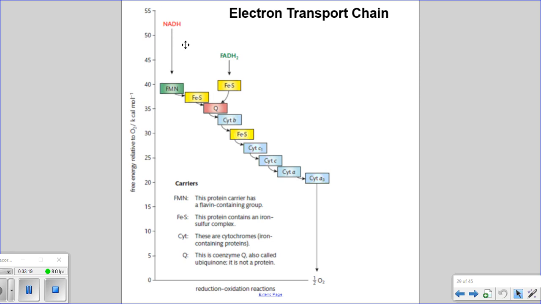So the electrons that get dropped off here at the beginning are going to move from one protein molecule to the next because this one has a greater attraction for the electrons, so the electrons will move from this one to this one, and so forth. And as these electrons move from each protein, there is a small amount of energy that gets released. And so as that small amount of energy gets released, that will then be used.